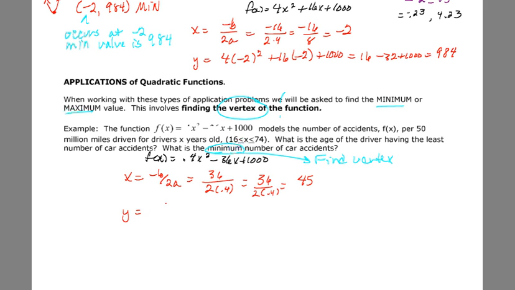Let's plug it in. So it'll be 0.4 times 45 squared minus 36 times 45 plus 1,000. Let's go to the calculator. Put that in. Find that value.